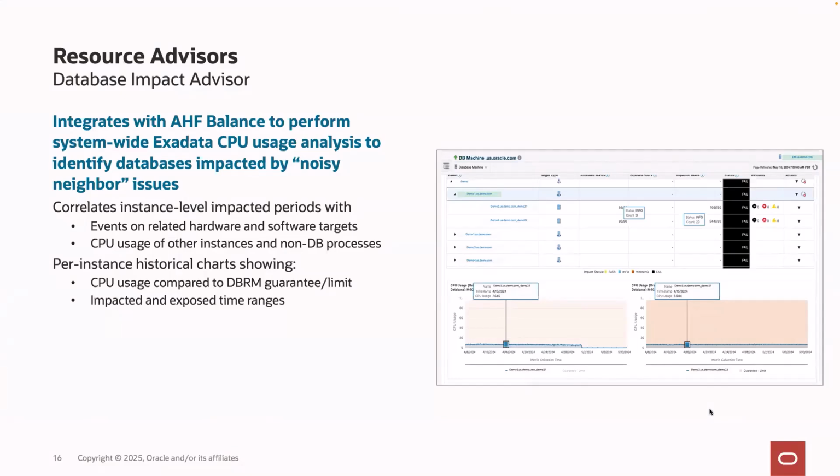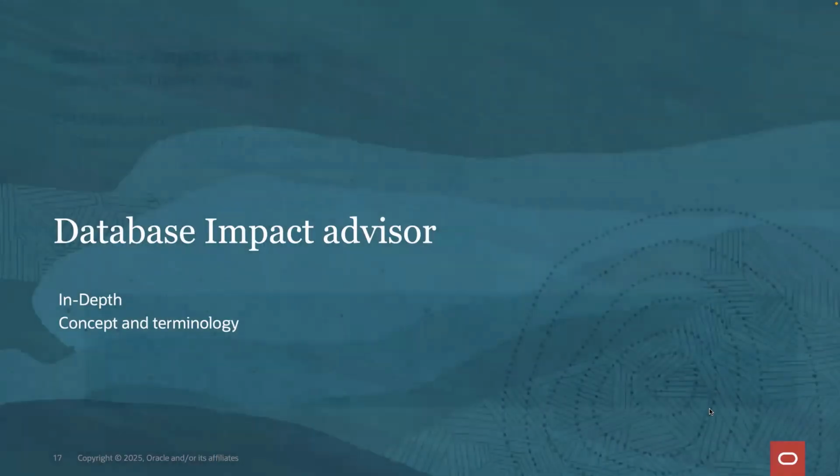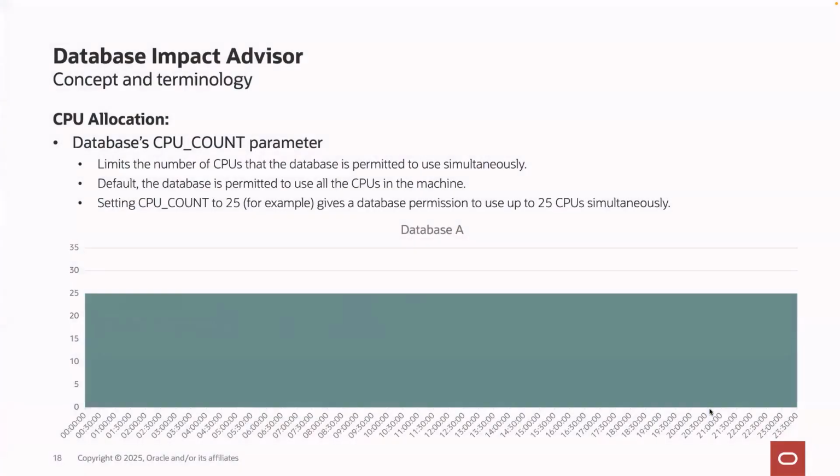We have the CPU usage and non-database CPU usage. And we can do this per instance as well, with the database resource management guaranteed limits, to look at all these details. So first, a little about the concept of the Impact Advisor, why we're using it.